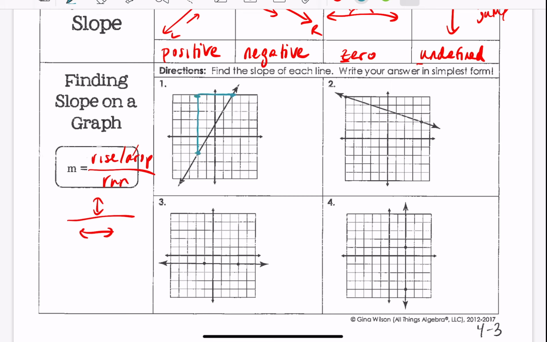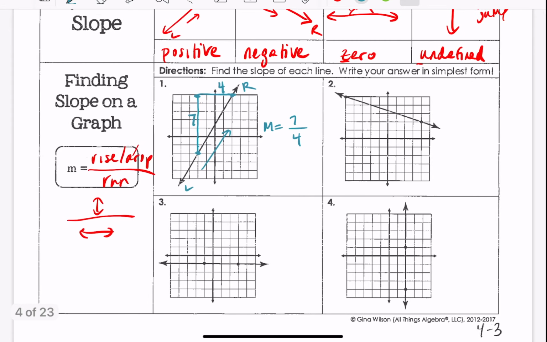So it's 1, 2, 3, 4, 5, 6, 7 on this one. And then on this one, 1, 2, 3, 4. And your slope is going to be the vertical change, which is the 7, over the horizontal change, which is the 4. And if you look at this from left to right, it goes up, so it's positive, so I can leave it like that.